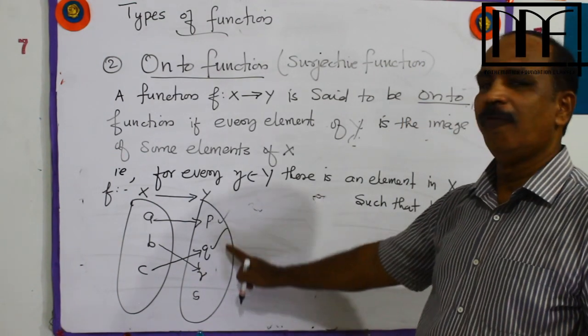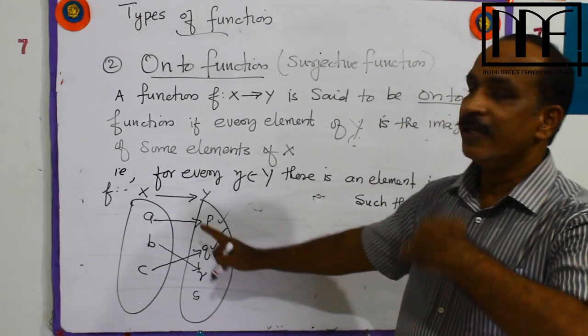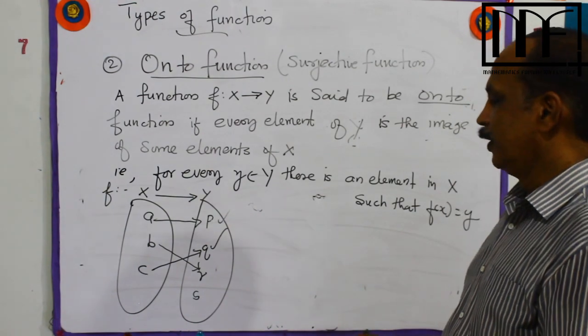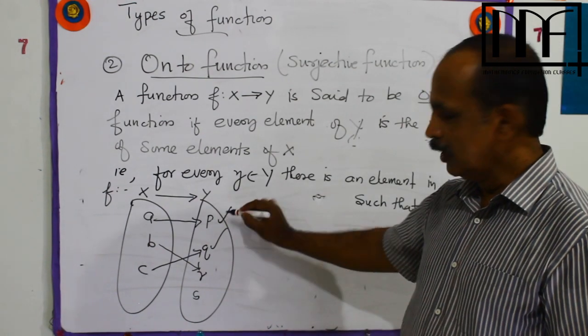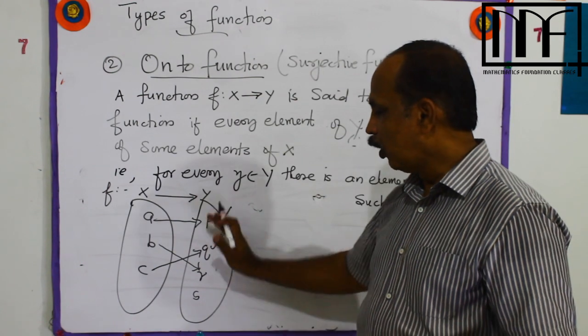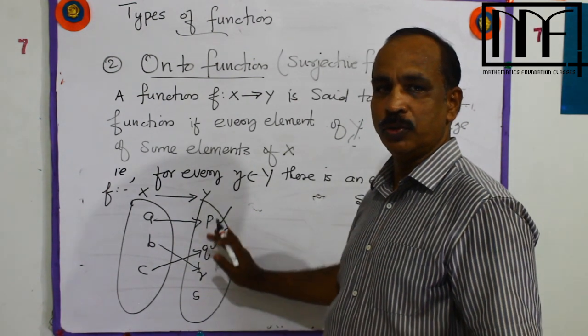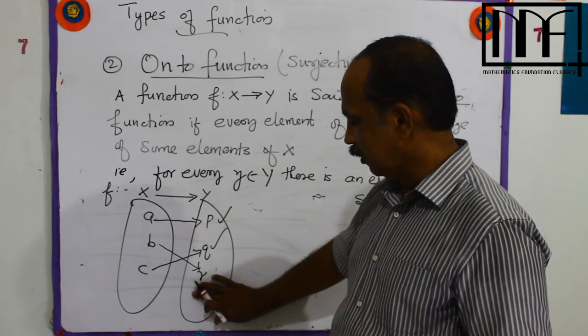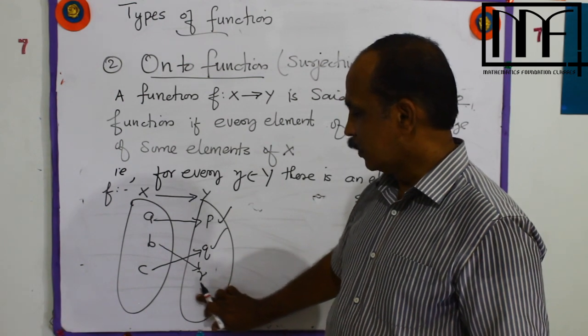Every element of Y is the image of some elements of the domain set. Simply, all the elements in Y must be used there. No element is left here which does not have an image.